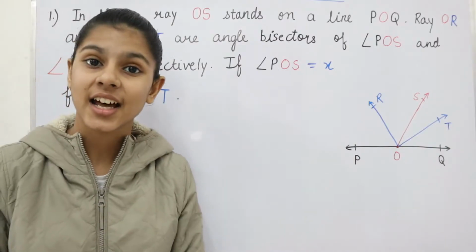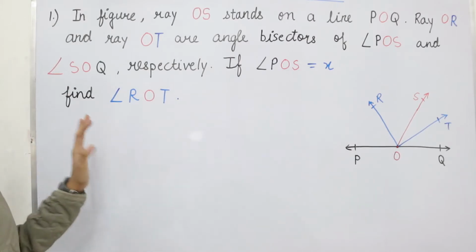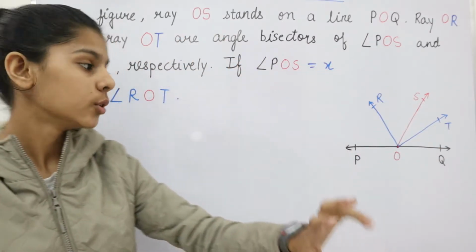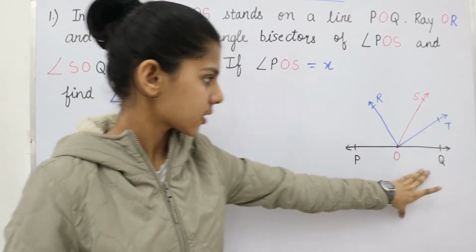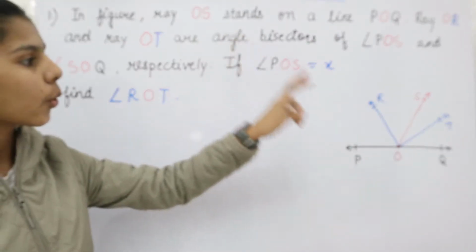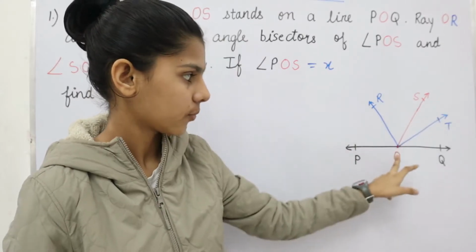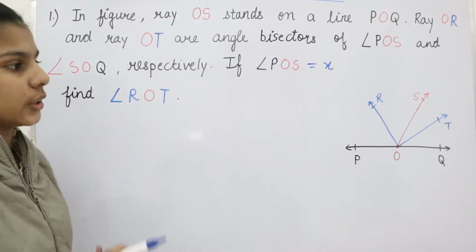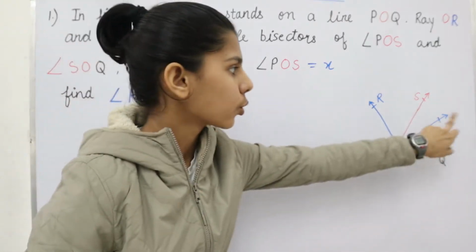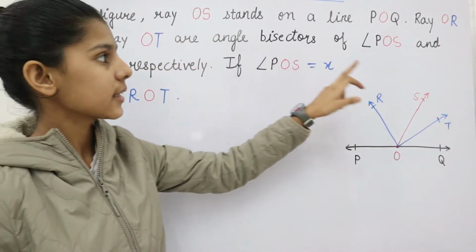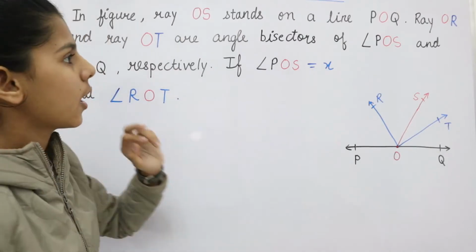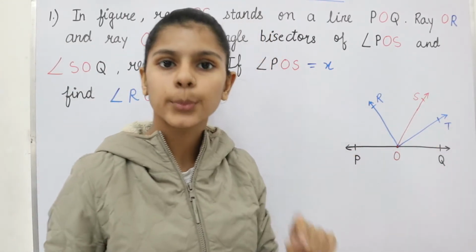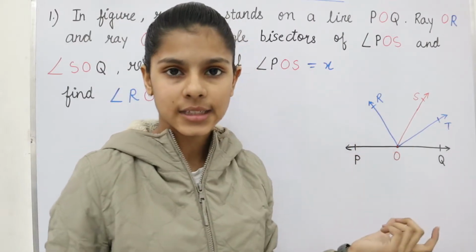Now let's move on towards our next question. So friends, here is our next question. In the figure, ray OS stands on a line POQ. This is the line POQ, and ray OS is standing on it, the ray marked in red. Then ray OR and ray OT are angle bisectors of angle POS and angle SOQ respectively, which means these two rays marked in blue are the angle bisectors.